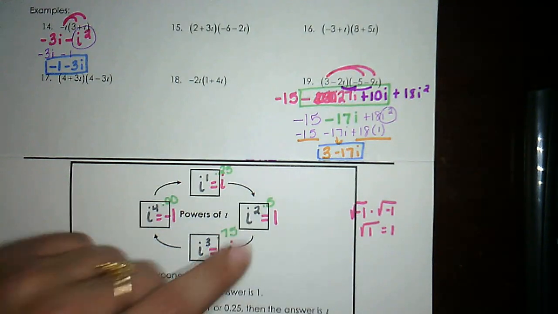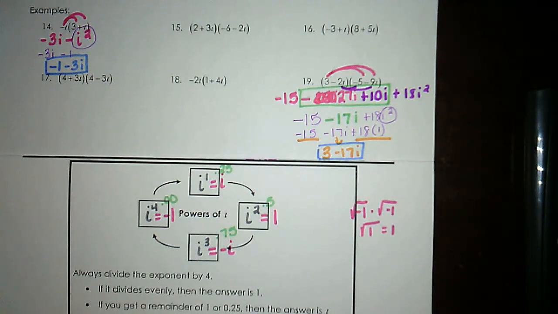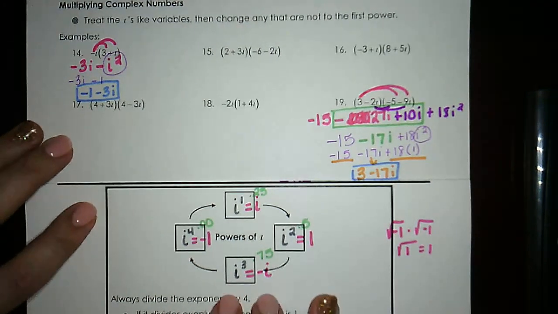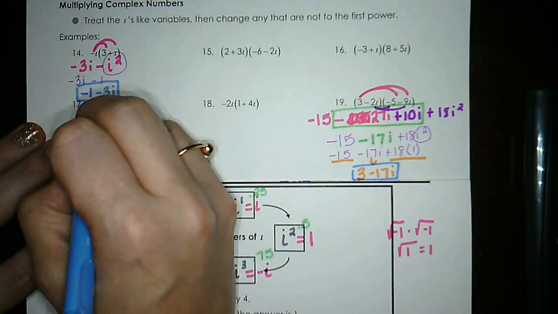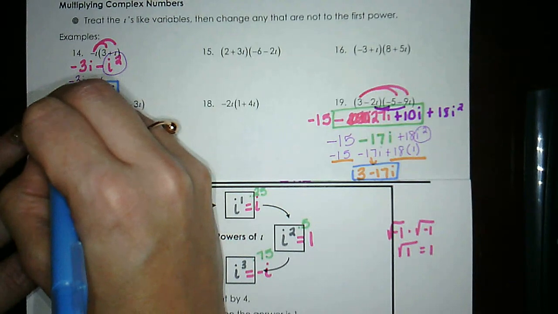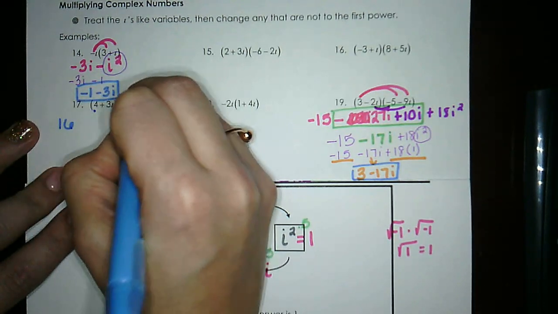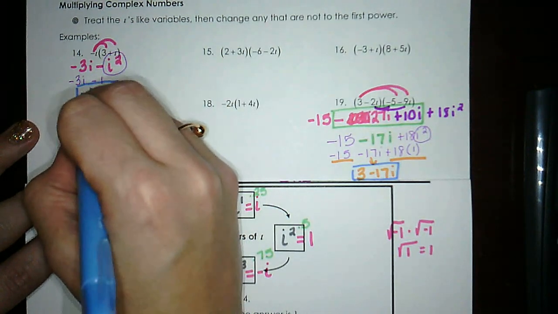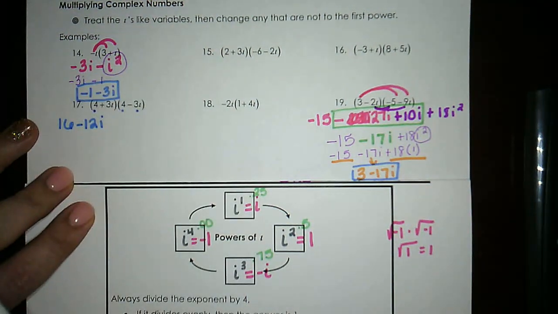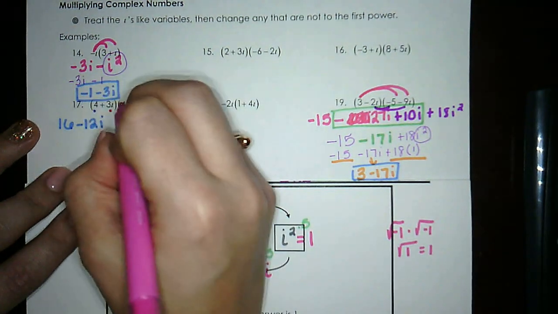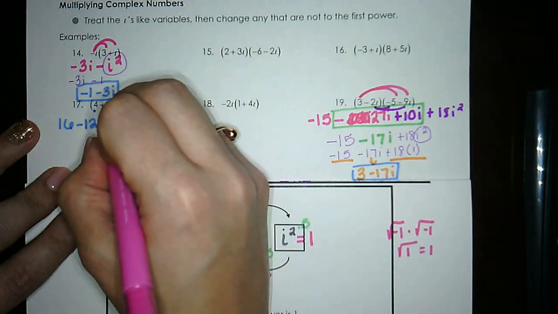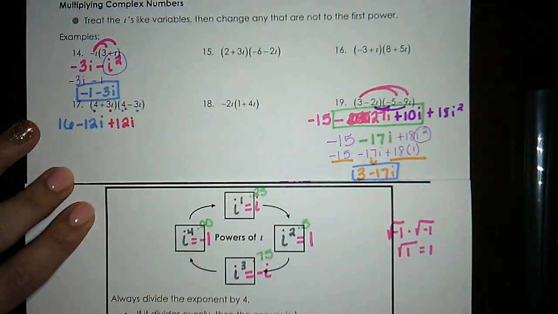Okay. We have time for one more. I'm going to go a little quicker through this one. We're going to look at 17. 4 times 4 is 16. 4 times -3i is -12i. Then we do this 3i to each thing. So 3i times 4 is positive 12i.